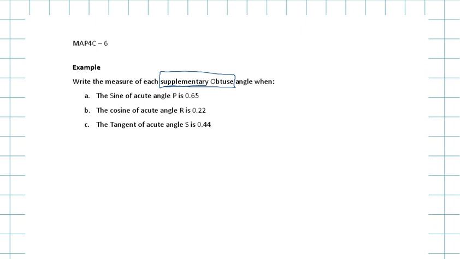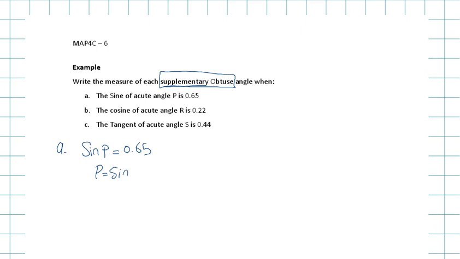If the sine of the acute angle is 0.65, how can I find the angle? Second shift, that's right, sine inverse.